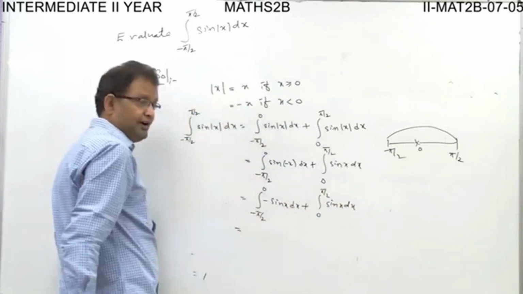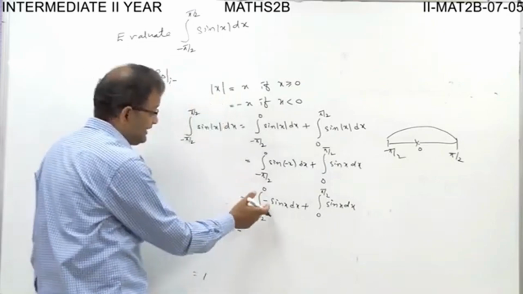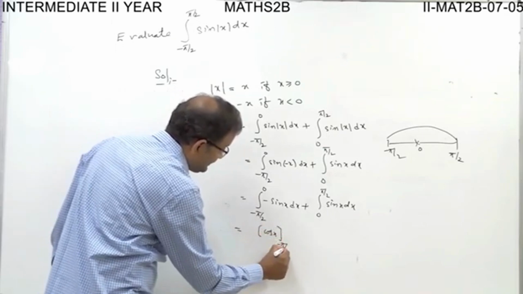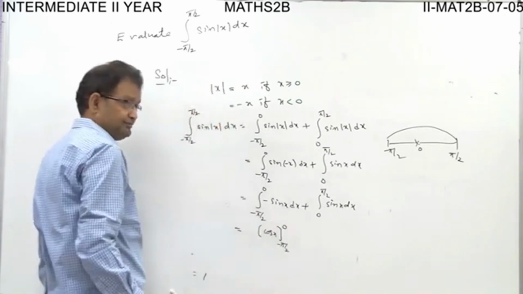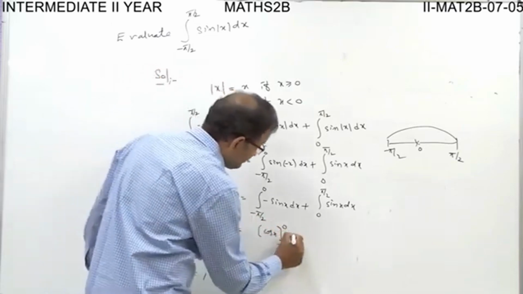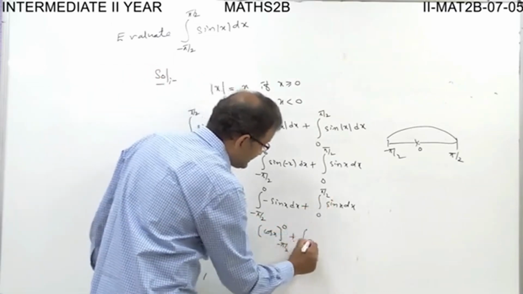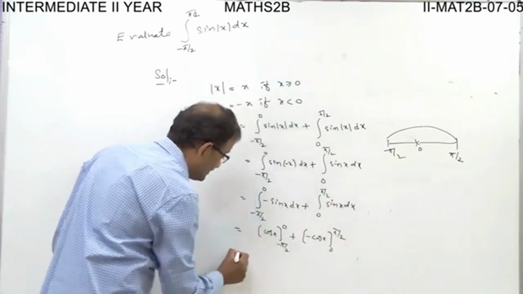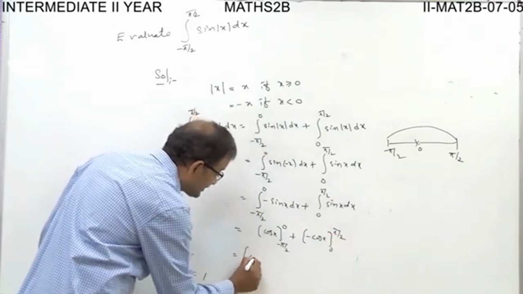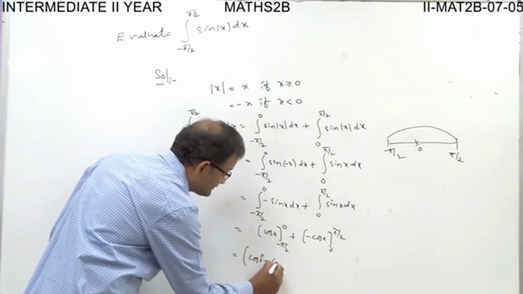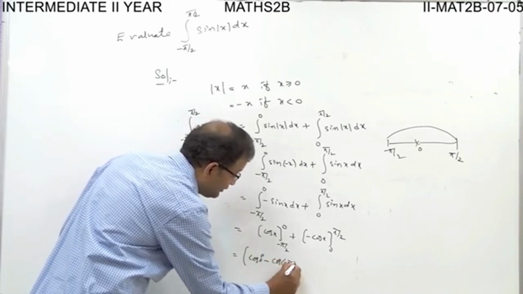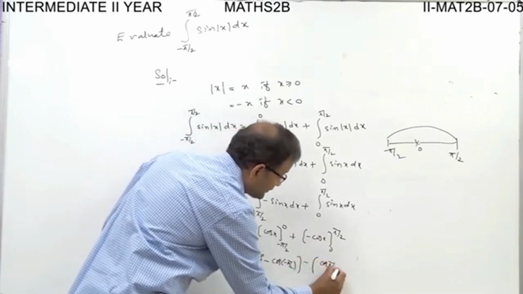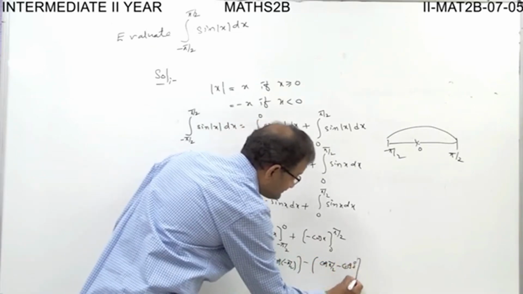This is equal to integral sin x, that is equal to minus cos x, minus minus plus cos x, from -π/2 to 0, plus integral sin x, that is minus cos x, from 0 to π/2. Here upper limit cos 0 degrees minus cos of minus π/2, lower limit minus outside, cos π/2 minus cos 0 degrees.